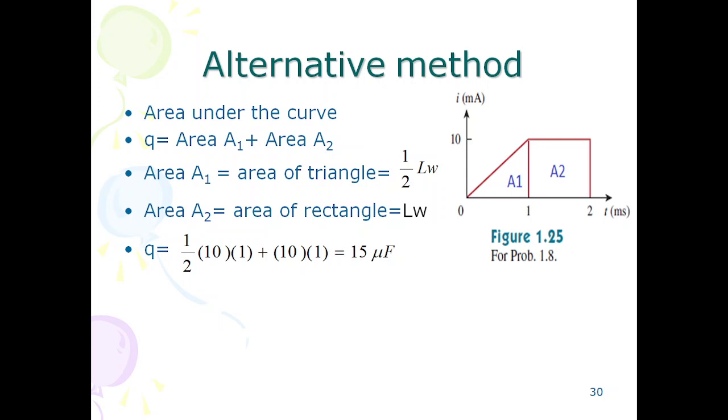Now the length is equal to 1 and the width is equal to 10. So half of 10 into 1 plus area of the rectangle, which is the difference of 2 minus 1, that is equal to 1, and the height is 10. The answer is 15 microcoulomb. That's all. Thank you.